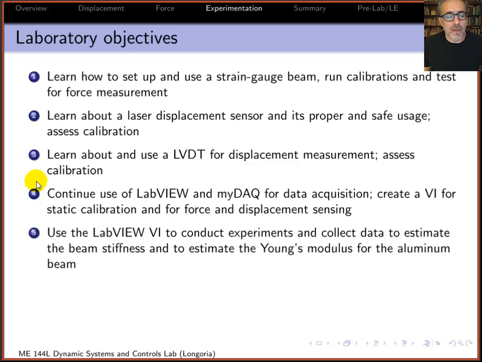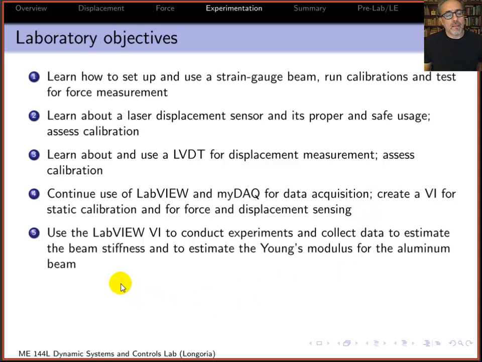At least, how would you design a nice virtual instrument that automates the collection of data and then also generates the calibration curves for you? So we are going to experiment with showing you how to program a VI of that sort. We'll probably give you the VI and have you make some small changes to it.